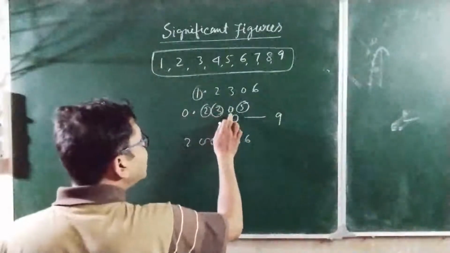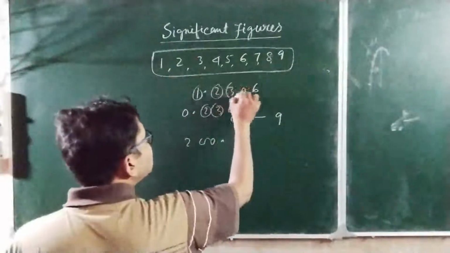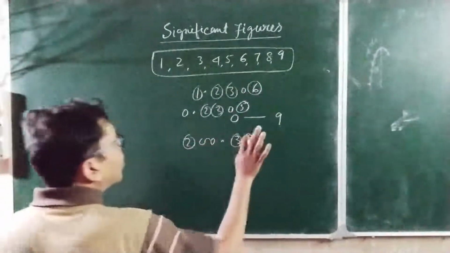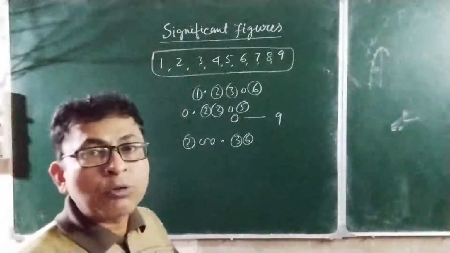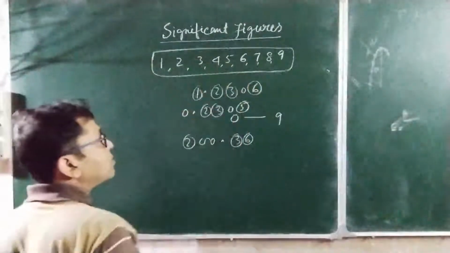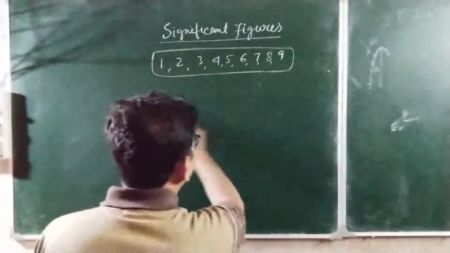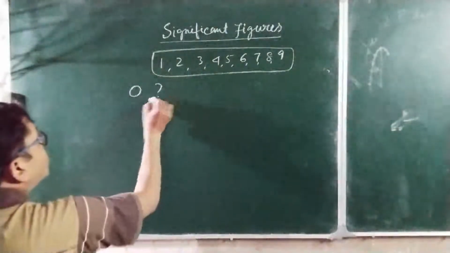For the other digits, let's consider in a different manner, but these digits are always significant. No problem, no question. Completely out of doubt. These are always significant. Now the question is about 0.